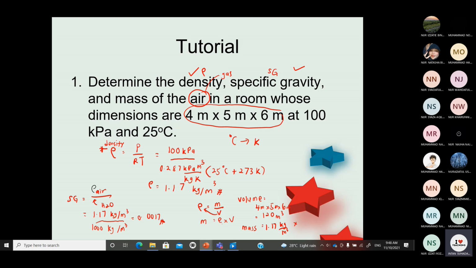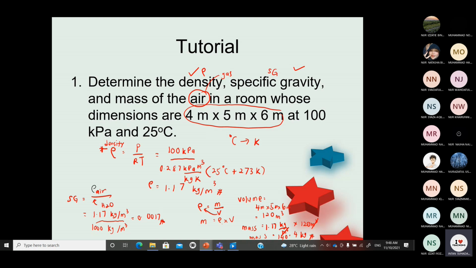So mass is equal to density times volume, with the volume 120 meter cube. We can cancel the units, so we get the mass is 140.4 kg. Settle.